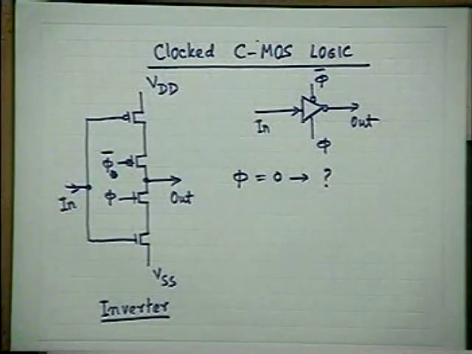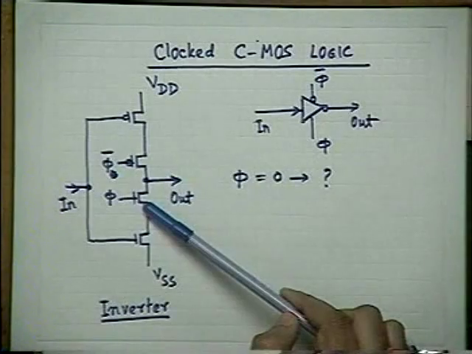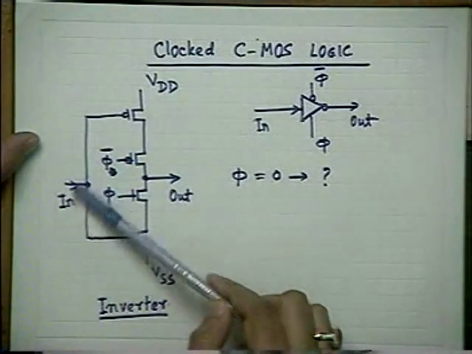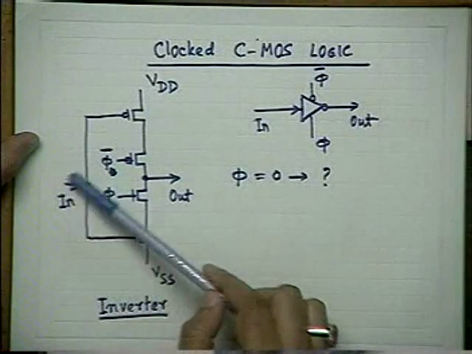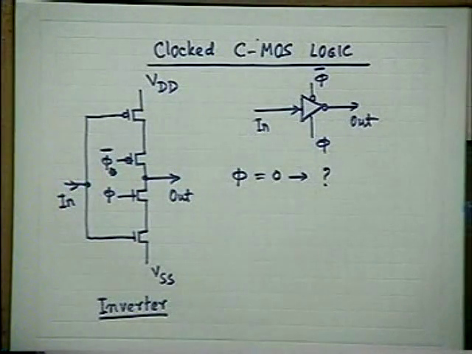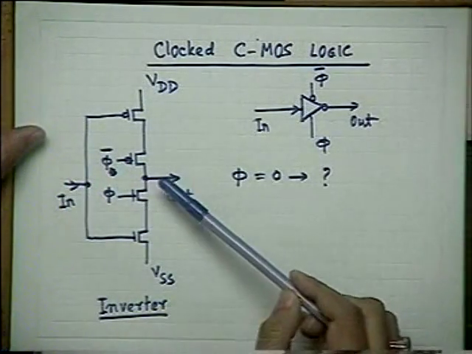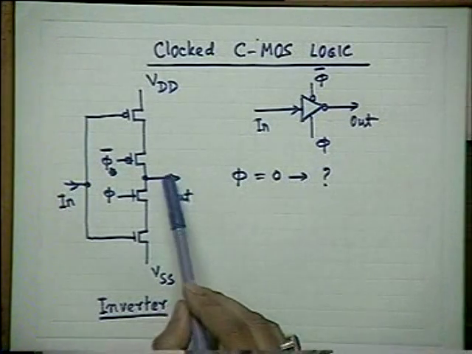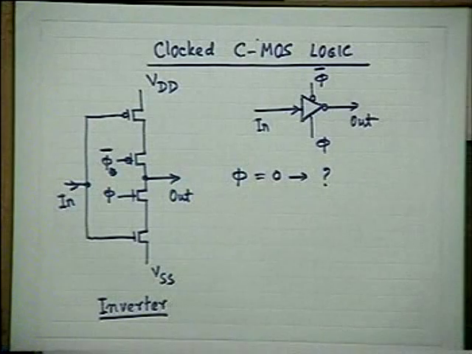This concept is different. As soon as phi becomes high, both the transistors become on, and you allow the function to come, that is, the inverted form of the input comes at this point. So when phi is equal to 0, whatever output data is there is not our actual output.